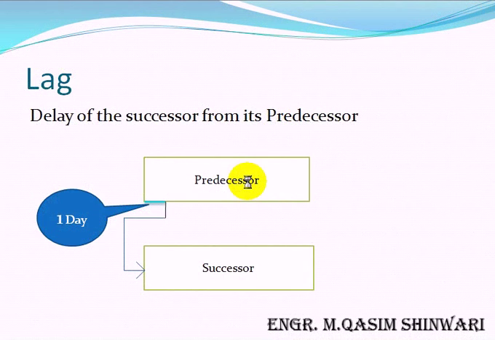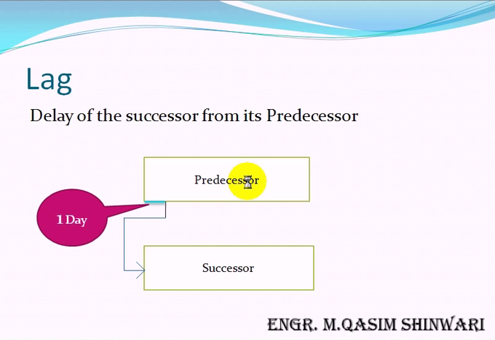Lag is actually the delay of the successor from its predecessor. For example, you can see that when the predecessor starts, after one day the successor is started. You can see that there is a lag of one day. This gap is known as lag. So we can start two activities simultaneously, but give a lag of 1 day or 2 days as needed.